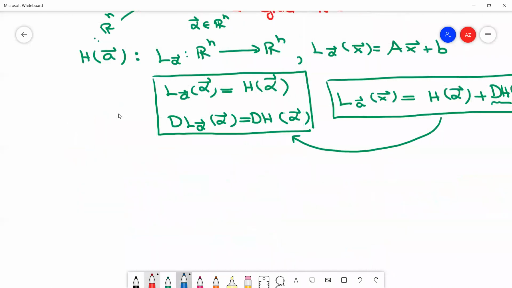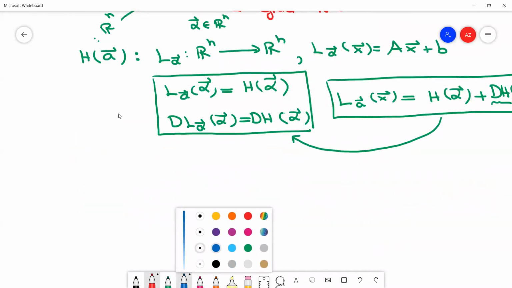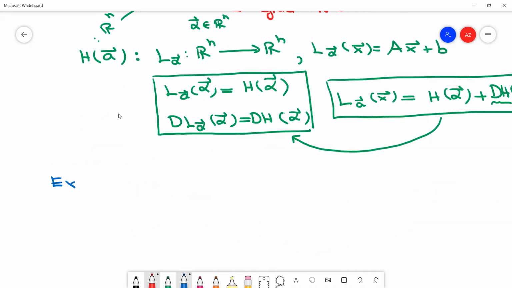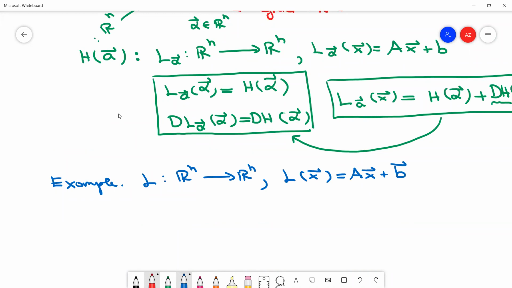In fact, I jumped over this calculation. So for example, let's say that L is a linear vector function of this form, L of x is Ax plus b. And let's calculate the Jacobian dL in the point alpha.